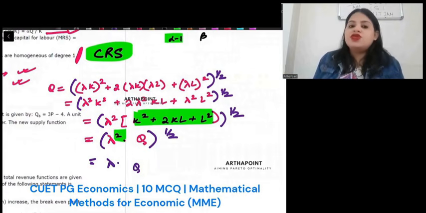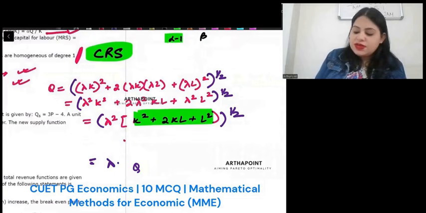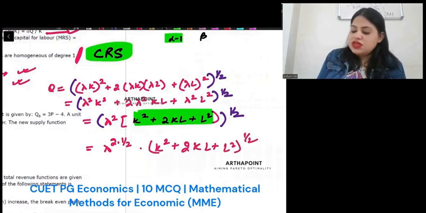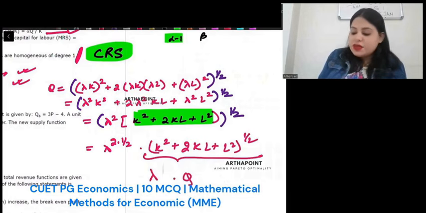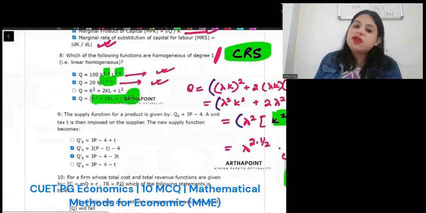So lambda into q, right? So this will not become q here. This will be one step less. Here you will have lambda square to the power half into this whole thing, beta, this initial thing is q. So now it is getting multiplied with only lambda. Right? So this is homogeneous of degree 1.